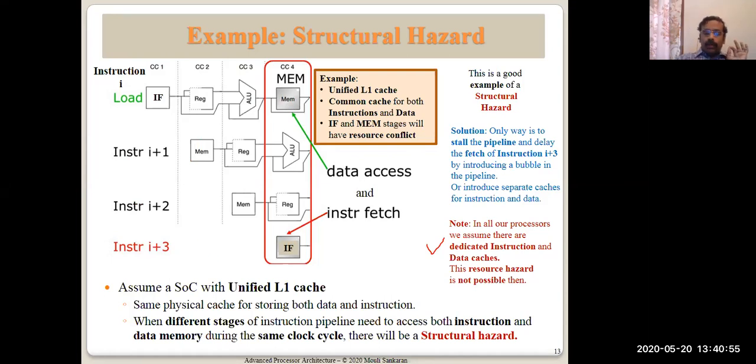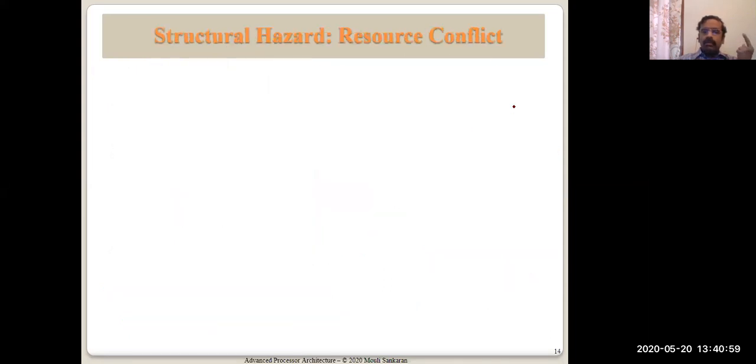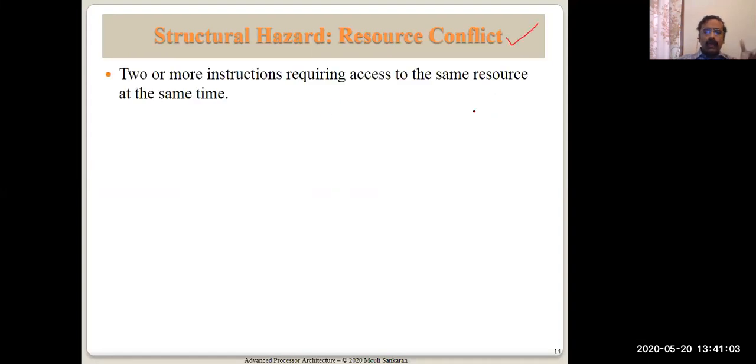I hope you are able to understand this. So let us quickly see what other things you should know. A structural hazard is two or more instructions requiring access to the same resource at the same time. One instruction requiring access to a resource is okay. If two or more instructions need it during the same cycle, it will have a problem.